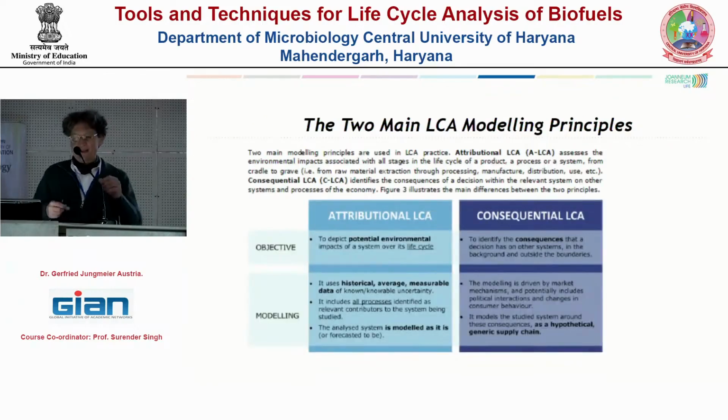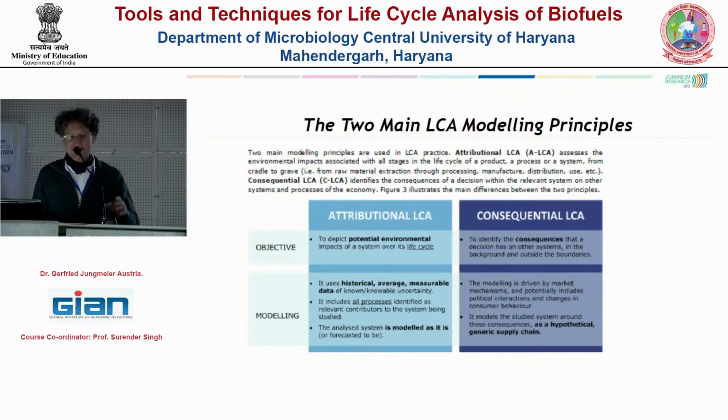Further on, when we talk about modeling of life cycle assessment, there are in principle two different types of life cycle assessment. One is the so-called attributional life cycle assessment, and the other one is the consequential life cycle assessment. Most of the LCAs nowadays are attributional LCAs and not consequential LCAs.